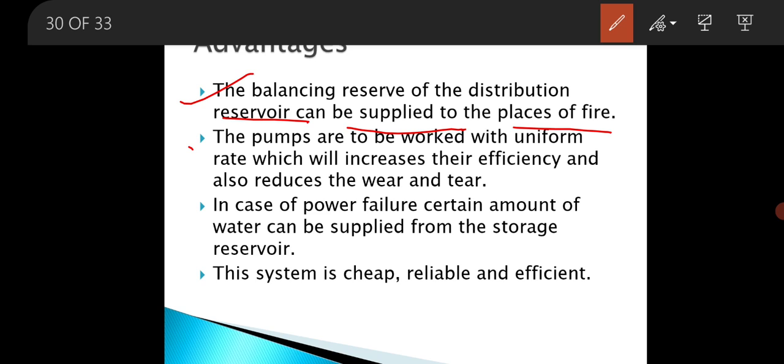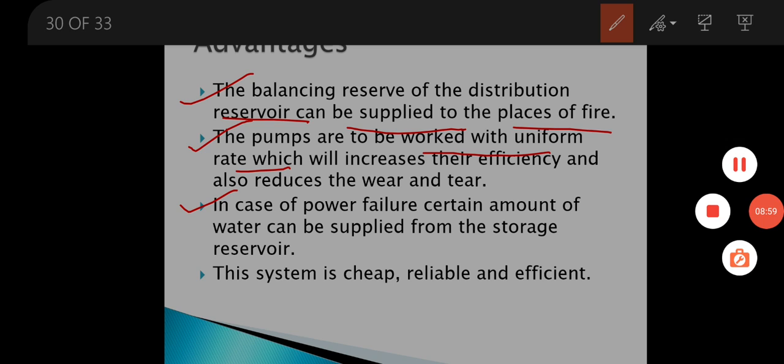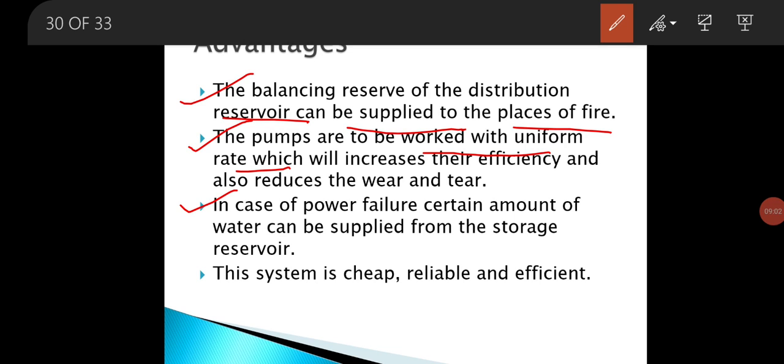Secondly, here the pumps are worked with uniform rate, which will increase their efficiency and reduces the wear and tear. And also in case of power failure, certain amount of water can be supplied from storage reservoir. And this system is overall cheap, efficient and reliable, and hence it is adopted practically everywhere.